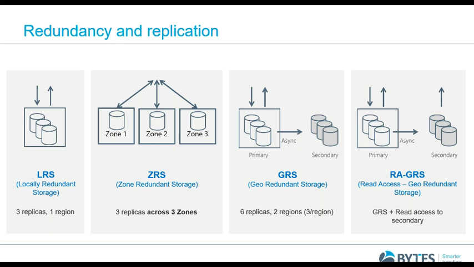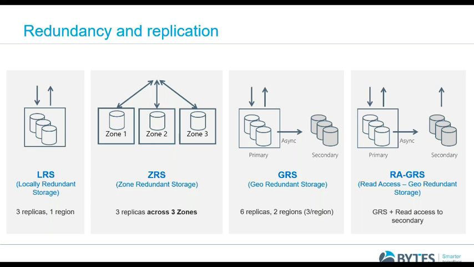Another option just above that is read access GRS storage. That's where you can read and write to the primary storage like you can with GRS, but not only do you get that secondary synchronization across to that secondary site, you can actually read from that location as well.